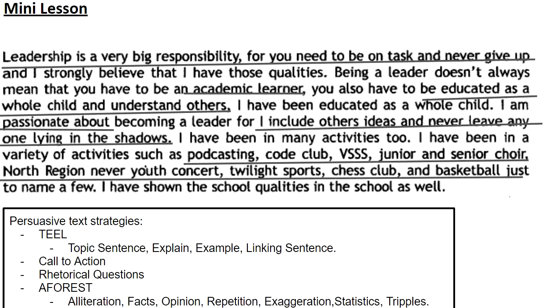"I have been educated as a whole child. I'm passionate about becoming a leader, for I include others' ideas and never leave anyone lying in the shadows." Okay, so we've got "passionate," which is emotive language. So it's a positive emotive word.